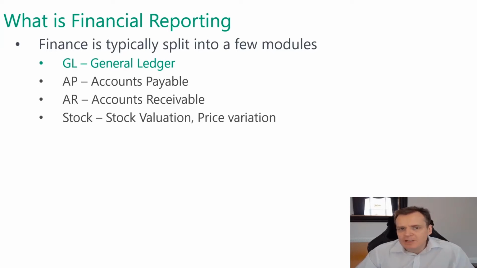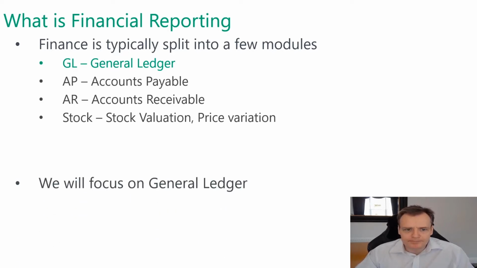And then you've got your specialist modules: AP, or accounts payable, who do we owe money to? Accounts receivable, who owes us money, and various modules and analytics about the financial aspects of stock, depreciation, price variation, and so forth.